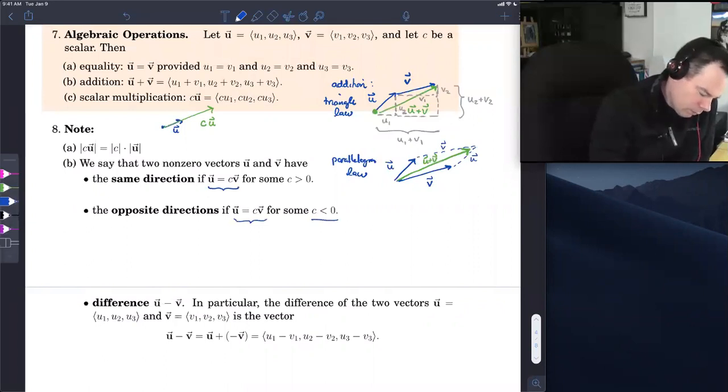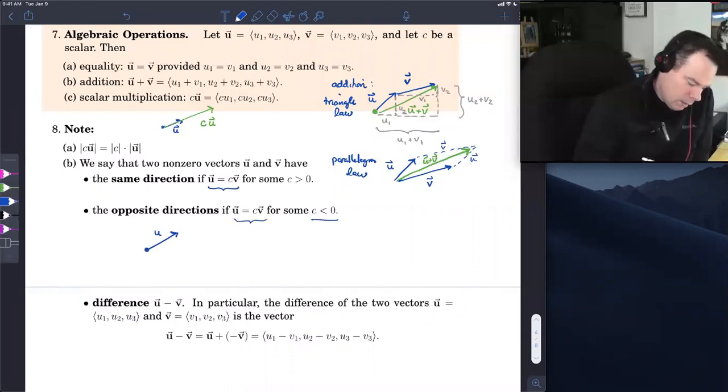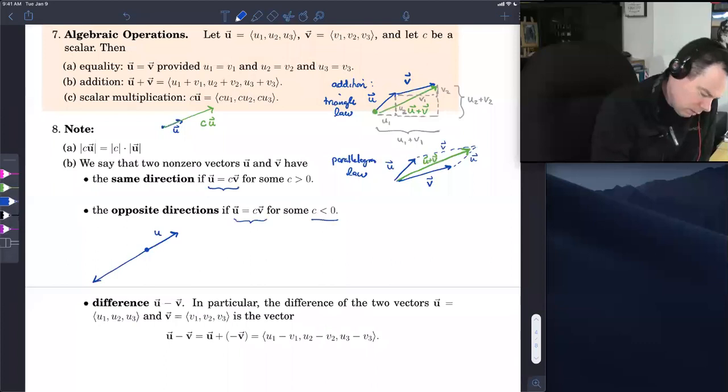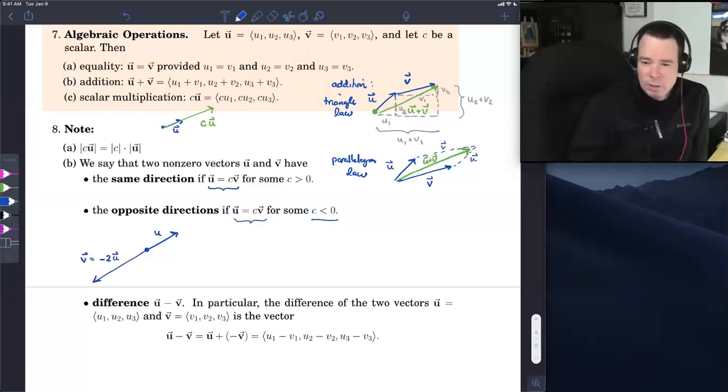So for example, if this was u, and this is, let's say, negative 2u, and that's maybe our v, then they point in opposite directions because v is a negative multiple of u. It's also twice as long now because the magnitude of that multiple was 2.